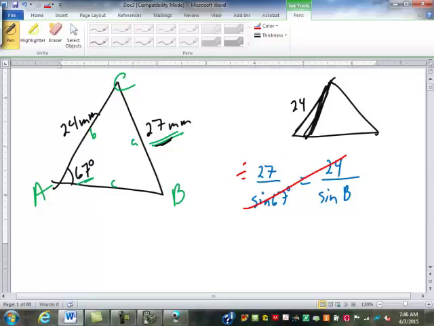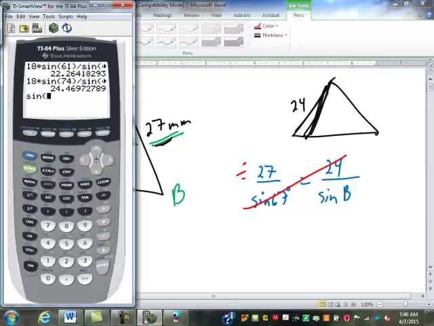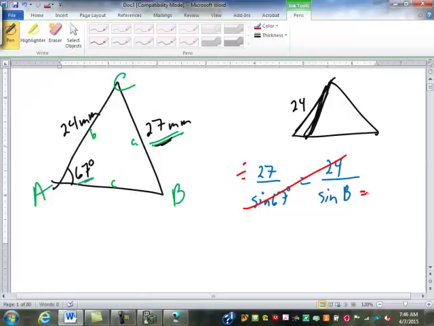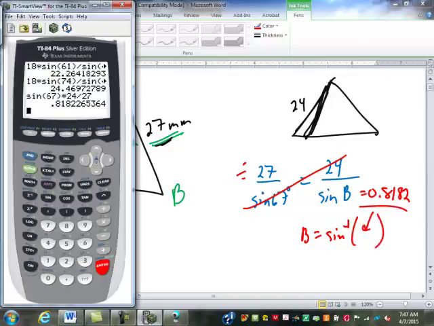We're going to cross multiply and divide: sine of 67 times 24 divided by 27 gives 0.8182. But that's the sine of our angle. To get the angle, we do inverse sine. So, second answer, 54.91 degrees.